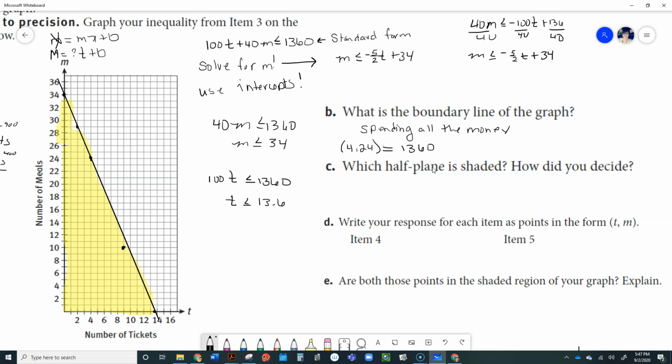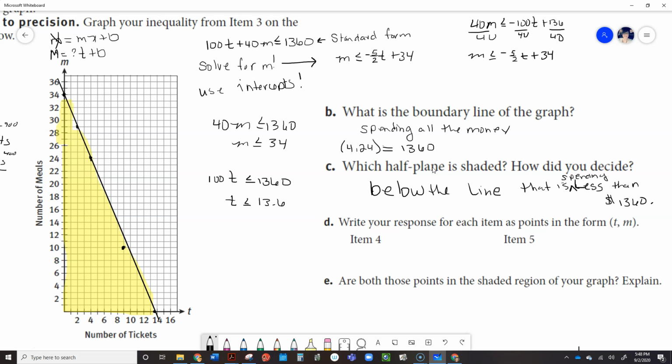So which half plane should be shaded? Below the line. Because how did you decide? Because that is spending less than $1,360, and that's okay.